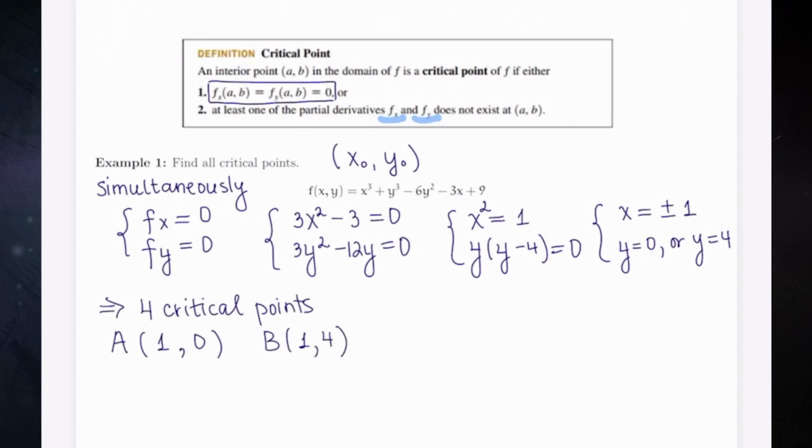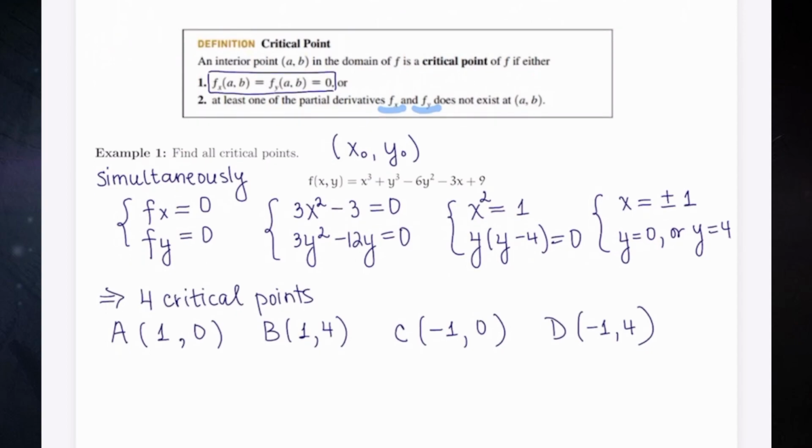And then the third point, let's call it C, is (-1, 0), and then point D is (-1, 4). So these points right here, A, B, C, and D, are what we call critical points. They are candidates for extrema. They are candidates for the locations where we might have minima or maxima.